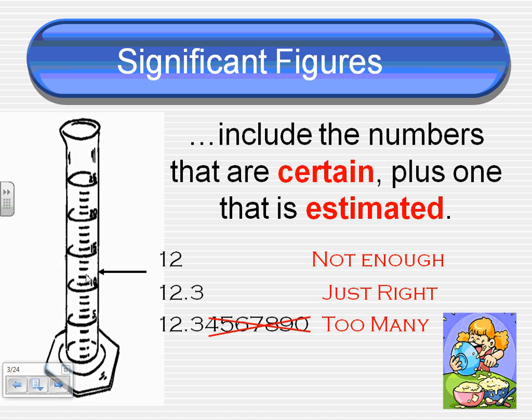You have to put 12.3 or 12.5. You have to tell me that's marked off in ones and then it goes to the tenth place. All right? So that's what significant figures are. They're including numbers that we know for certain. We know for certain it's 12. We estimated one more, so we said it was 0.3. Okay, and it's telling us how this graduated cylinder was marked off.